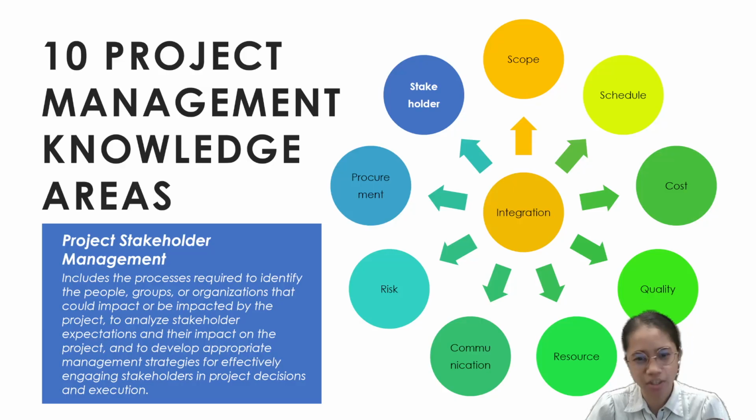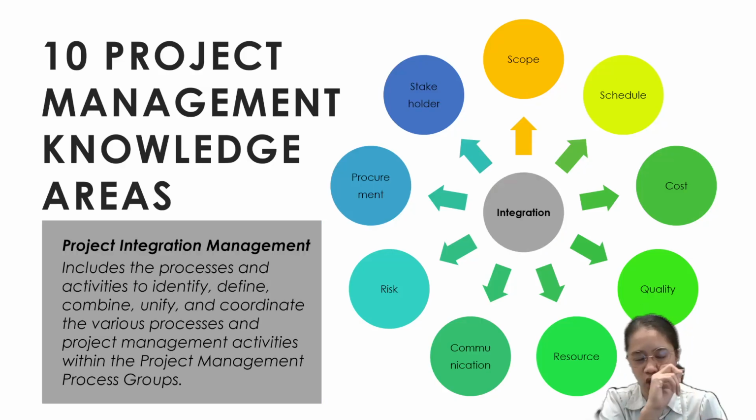And then last, as mentioned in the first part of this discussion, integration is the 10th project management knowledge area, wherein all of the 9 scopes should work together well to make an effective project management while constructing the structure.